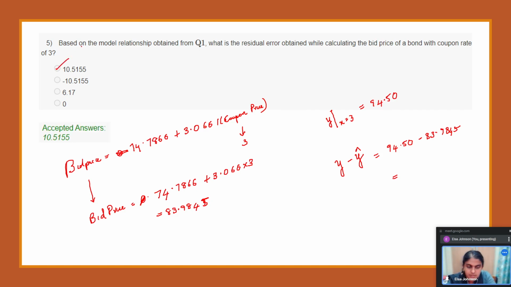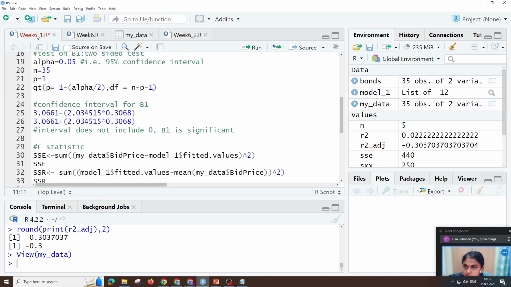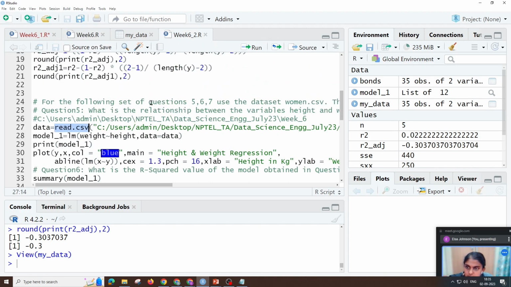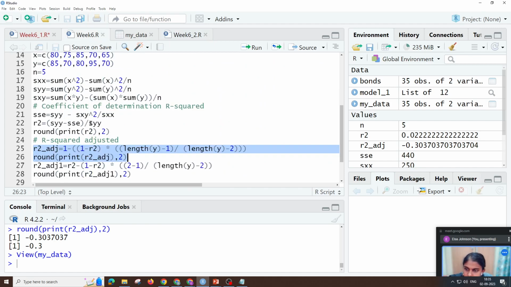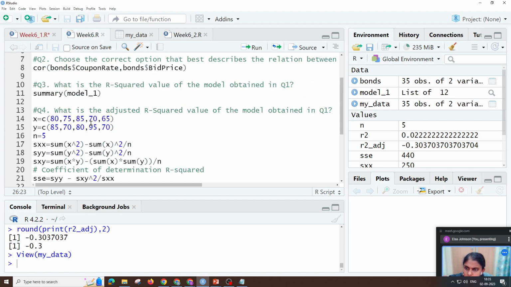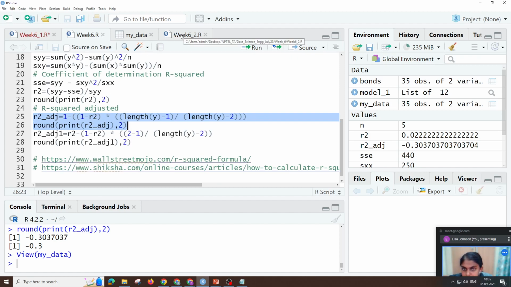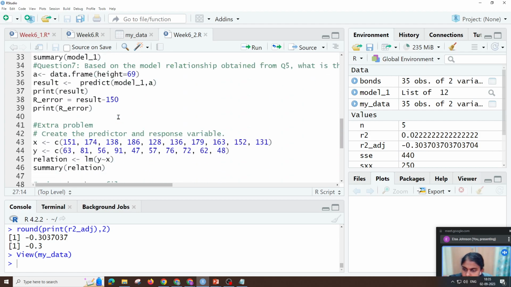Okay, if you want to calculate this in RStudio, that also can be done. Wait. I think I have a model here. Yeah, I will copy this and show you.